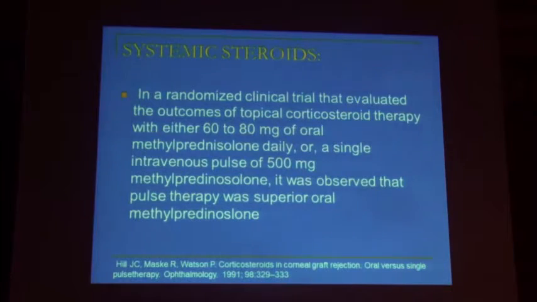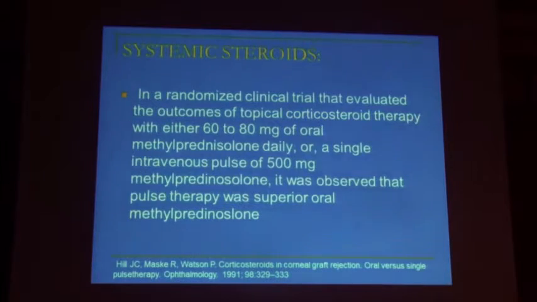Systemic steroid: in a randomized clinical trial that evaluated the outcome of corticosteroid therapy, 60 to 80 milligrams of oral methylprednisolone daily was compared with a single intravenous 500 milligram methylprednisolone. They observed that the pulse therapy is superior. We ask ourselves why. What's the difference between the steroid orally and the steroid IV?